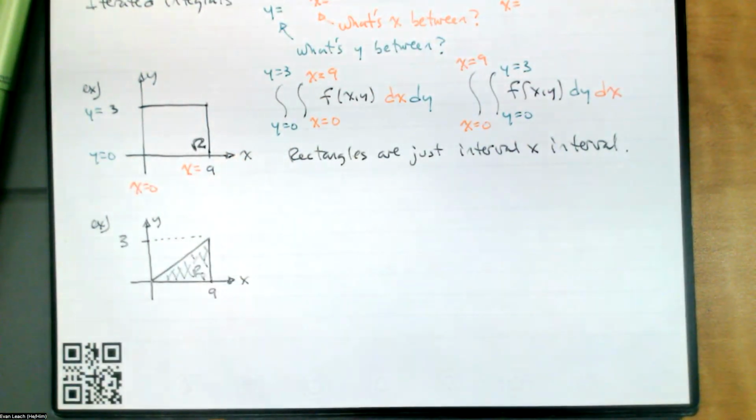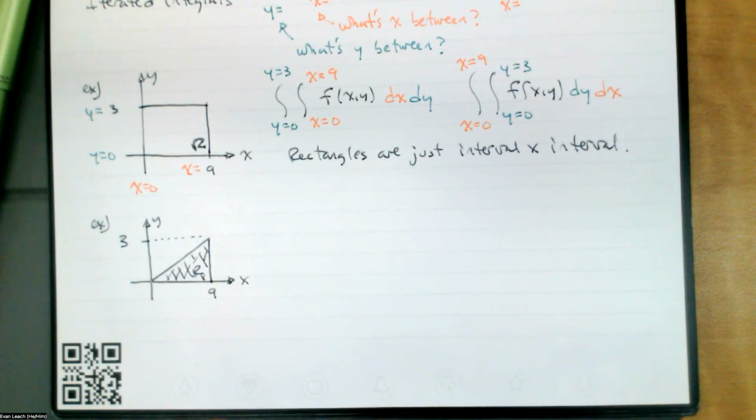So let's suppose that we have this region. Now that we don't just have a rectangle, we are going to have to be more careful about what we say x is between and what y is between.